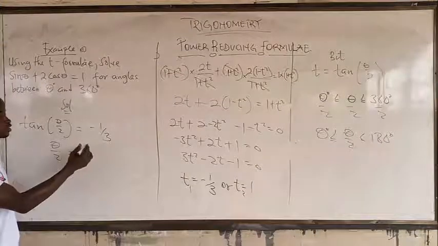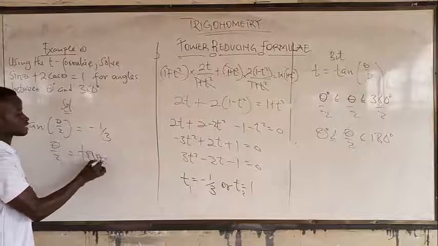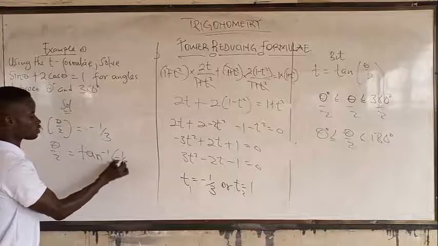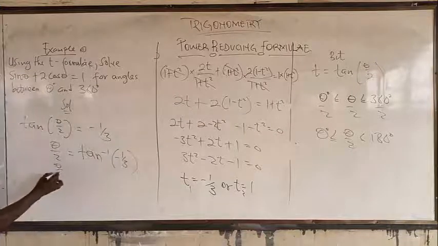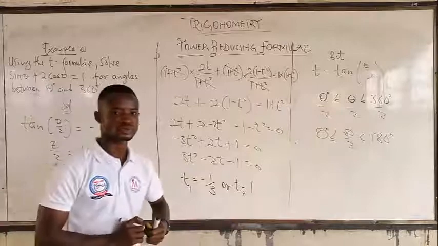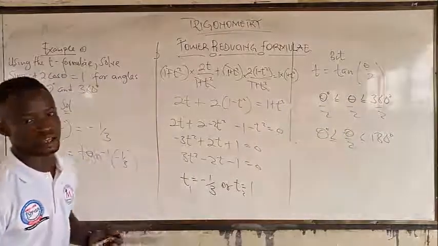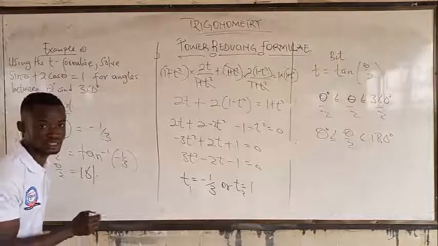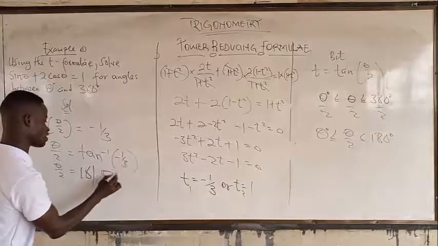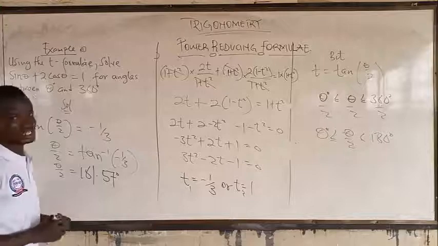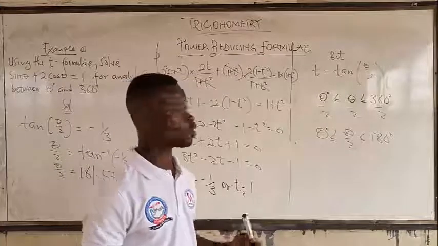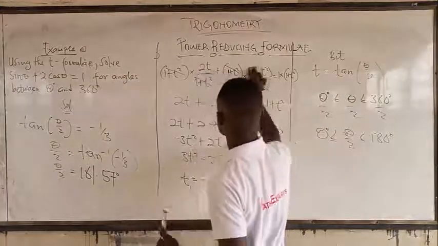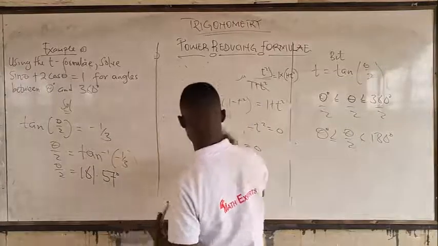When you take the tan inverse of negative 1 over 3, we get theta over 2 to be equal to 161.57 degrees. So that is what we are going to get for theta over 2 for the first one.